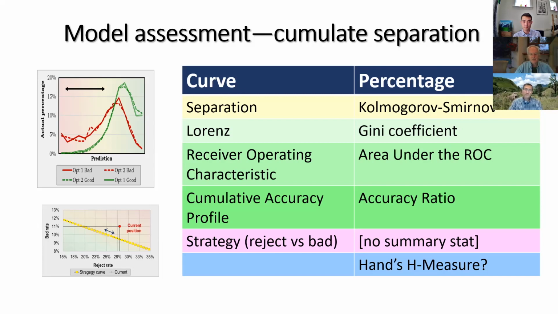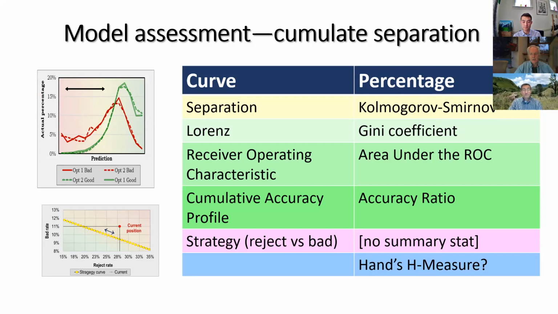That applies especially to the ROC and the accuracy ratio. The simple formula will allow you to convert one to the other. You also have things like strategy curves that are applied to a through-the-door population, saying, well, where shall I set the cutoff?